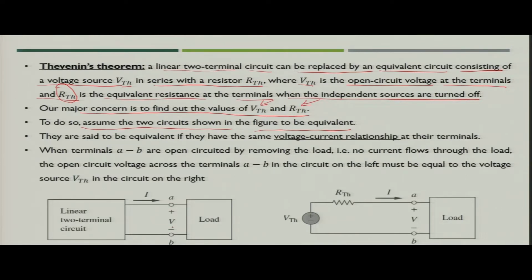The voltage across terminals A B is V, and the current flowing into the load from the external circuit is I. If we replace the external circuit with the Thevenin equivalent, that is, Thevenin voltage VTH in series with one resistance RTH, and the V-I characteristic at this terminal is the same, then this circuit will be considered an equivalent of that external circuit.